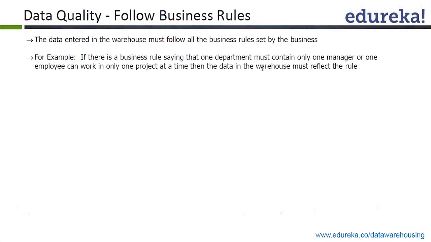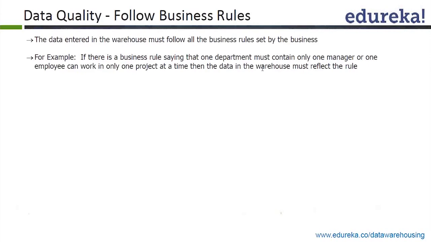This is one of your data quality parameters. The next data quality parameter is that it should follow certain business rules. In your data warehouse you can design it based on your user requirement, right? Like we discussed before, you can have certain filters based on what the business needs, or you have to transform your data in a certain format, or you have your currency only in US dollars.